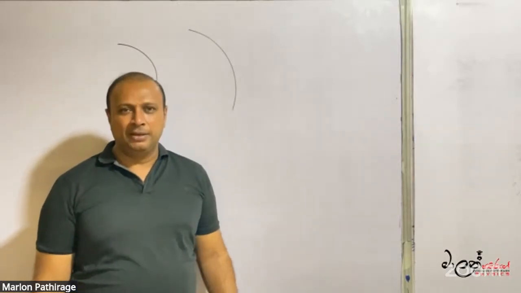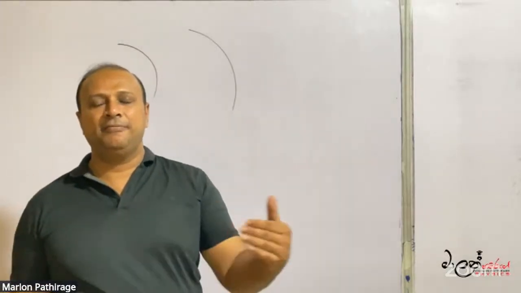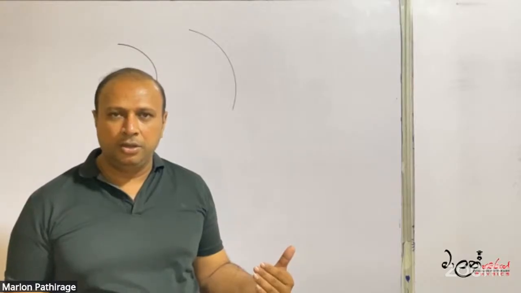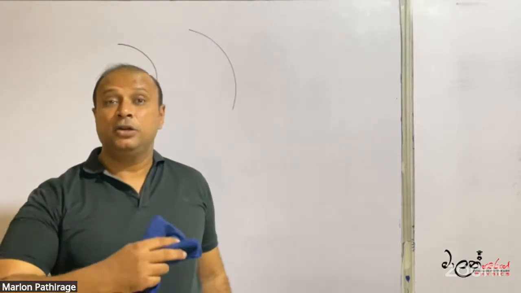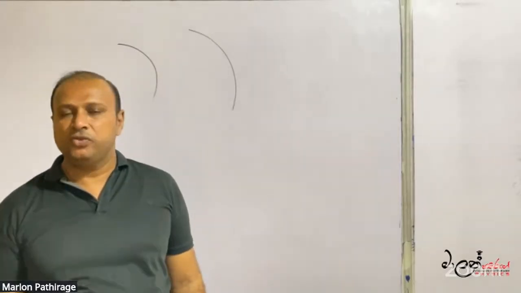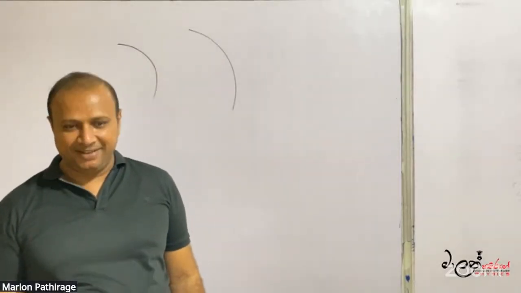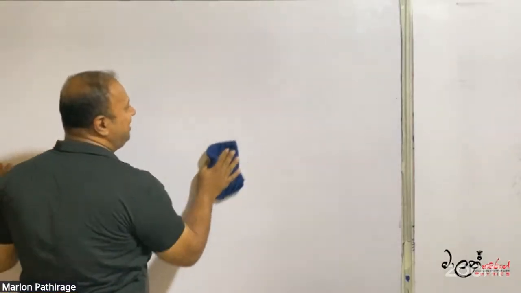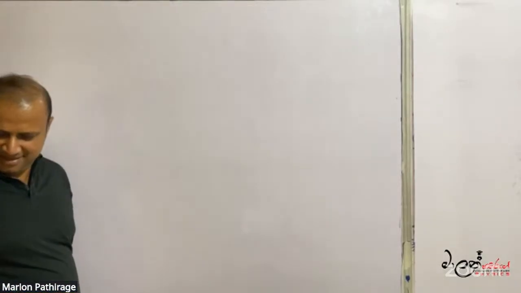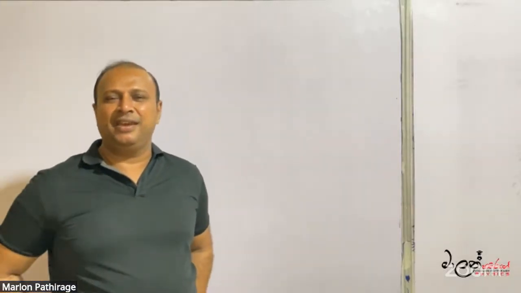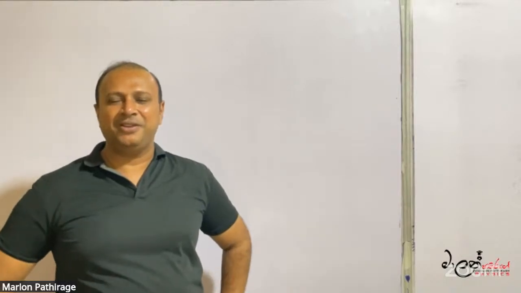So when you are taking a bend, you can feel you are moving towards the outward direction of the circle. And that means definitely there should be a force in that direction, no? Otherwise, how can you feel?